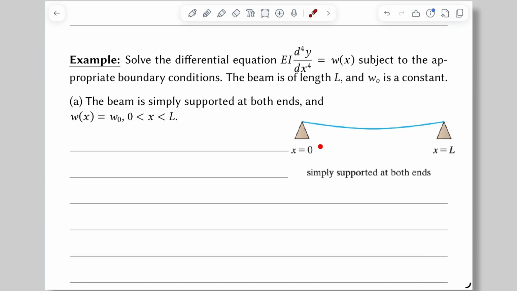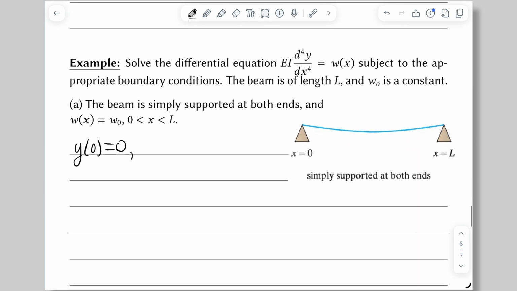The beam is simply supported at the left end when x is equal to 0. So we have that y of 0 is equal to 0, and y double prime of 0 is equal to 0. We're also told that it's simply supported on the right end at x equals L. And the way we use that information is y of L is equal to 0 and y double prime of L is equal to 0.